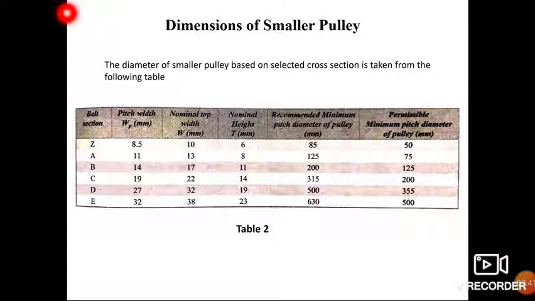Now you will see the columns pitch width, nominal width, and nominal height, those are the dimensions of the trapezium. If you select A, then the cross section of the A belt is known to you, and the recommended diameter of the pulley is also known to you, that is 125, and the smallest possible, below which you cannot go, is 75. Those tables are available in the design data book.